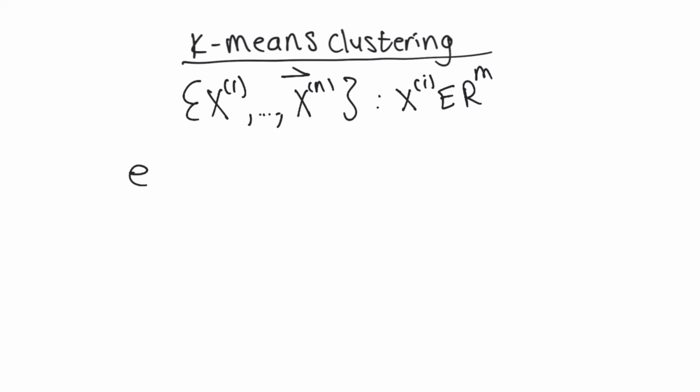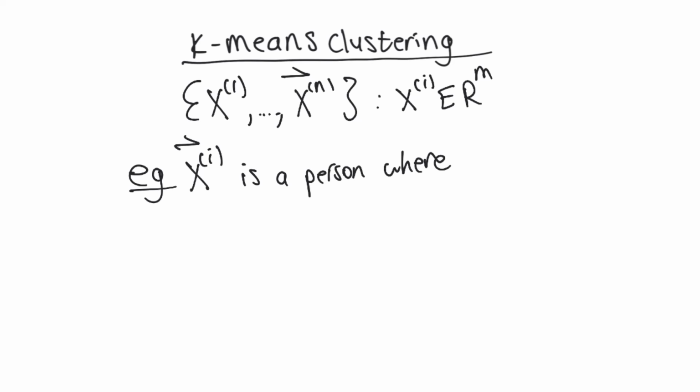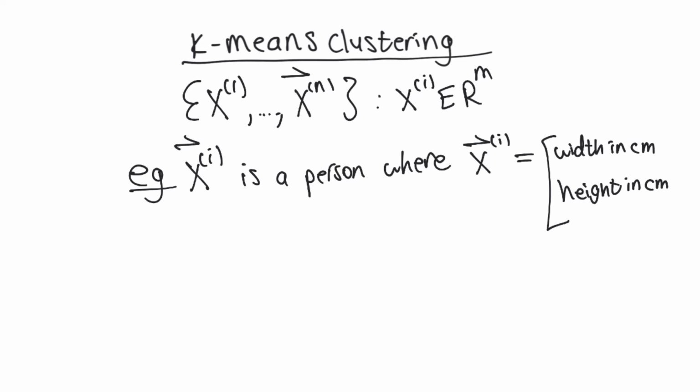An example is that each xi is a person, where its components are width in centimeters and height in centimeters.